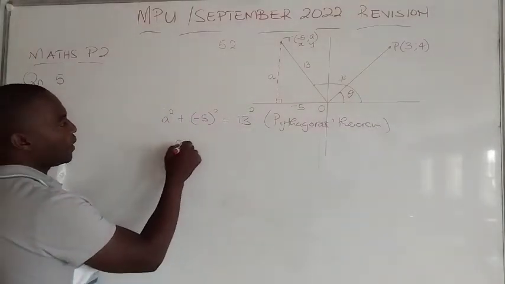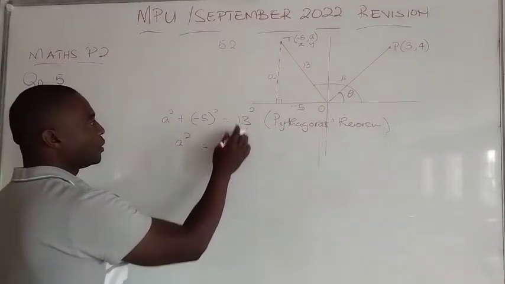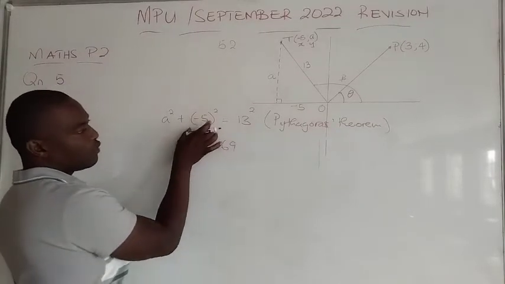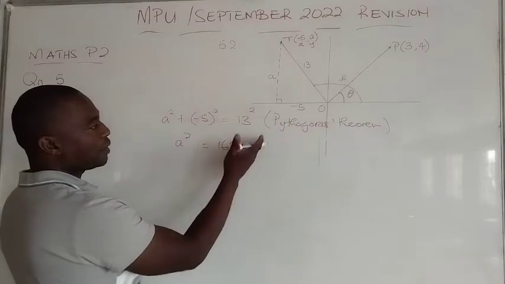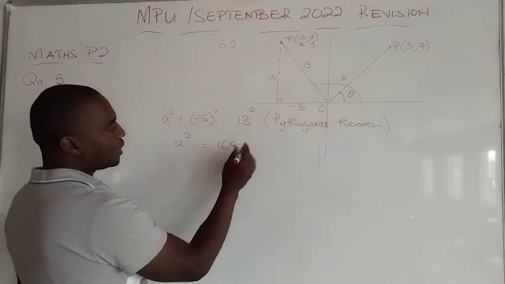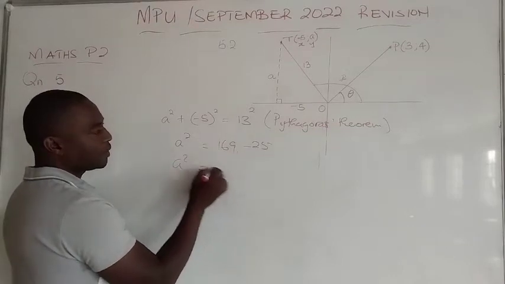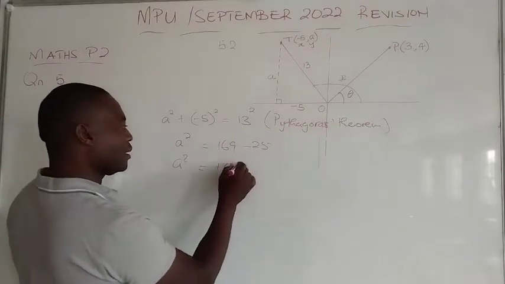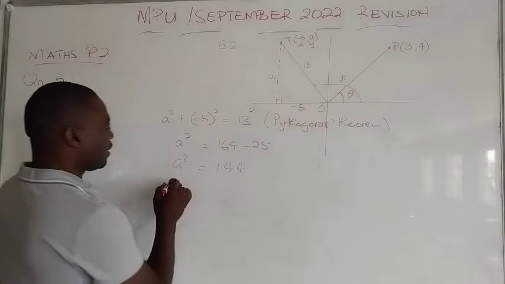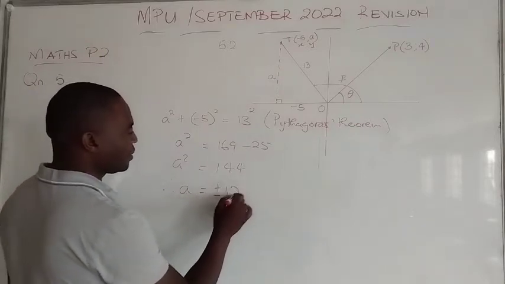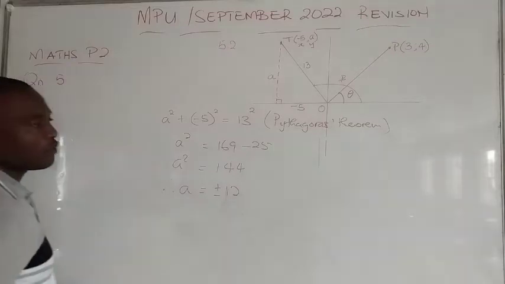Now our A squared will be equal to 169, that is 13 squared, minus negative 5 squared, which is 25, and if we bring it to the right side, it becomes negative 25. That is A squared is equal to 144. Therefore, A is equal to plus or minus 12. That's the square root of 144.